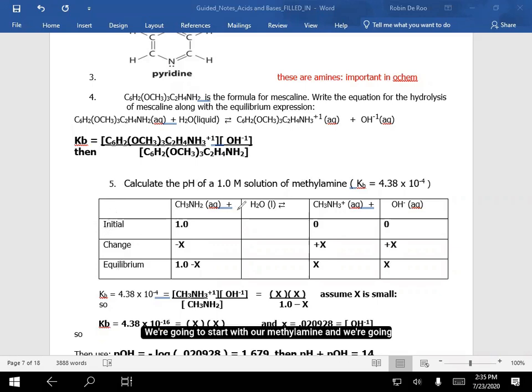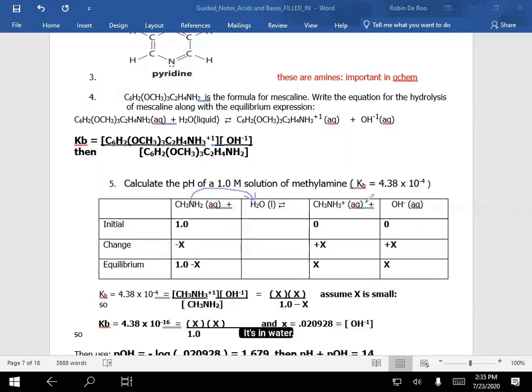We're going to start with our methylamine and we're going to react it with water. So remember, we have this nice lone pair on the nitrogen, which will attack one of the hydrogens. And that's how we get the extra hydrogen here, and it's a positive charge.